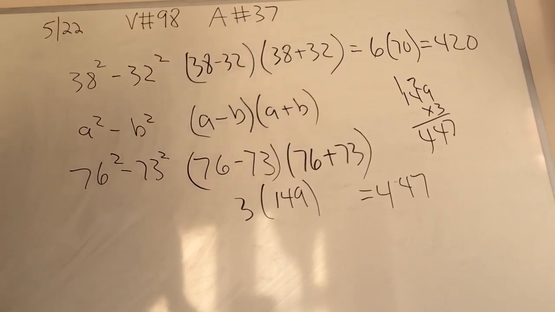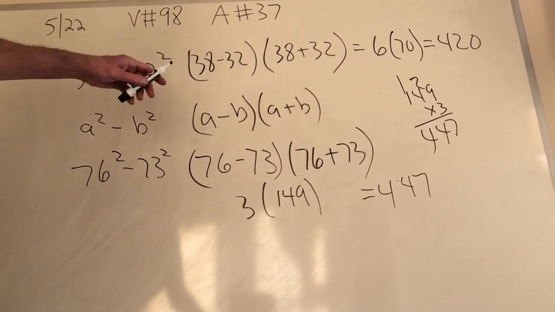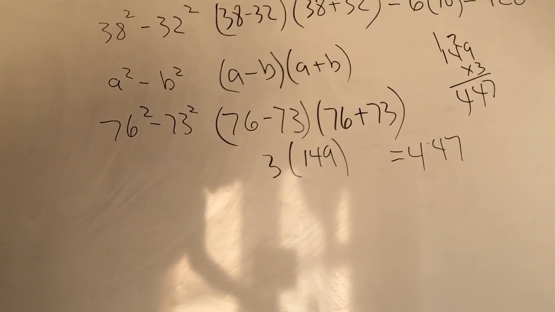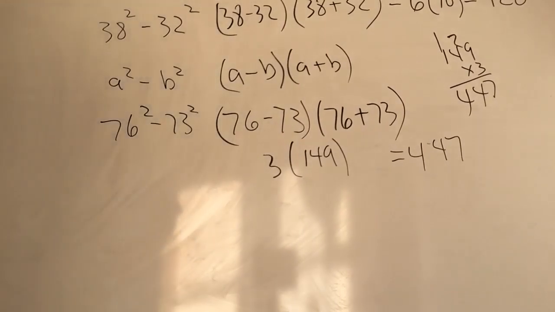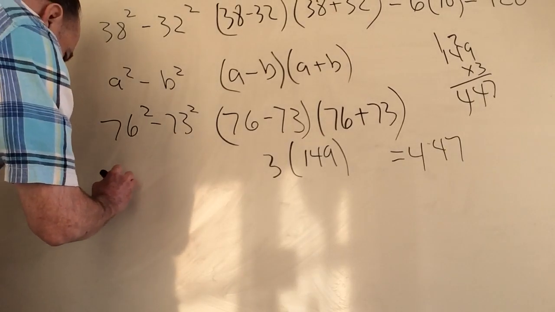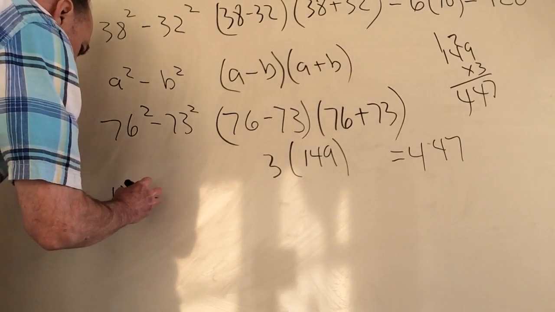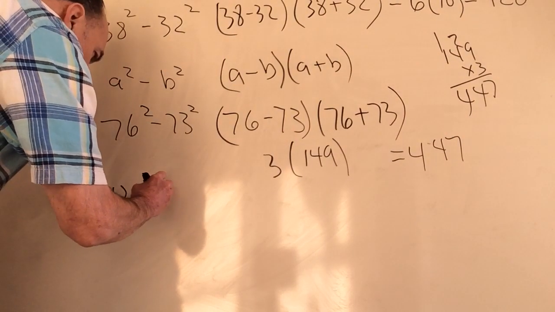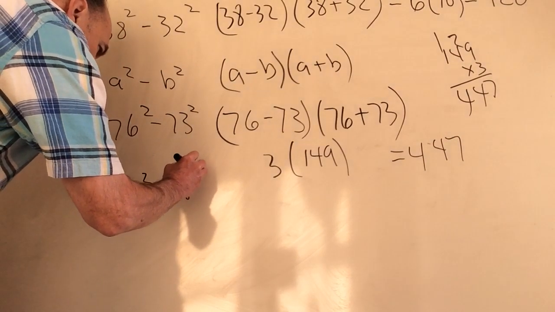Okay, we're coming up on 11 minutes, and again, I'll do the last one so everything was done. So you'd be expected to figure these things out now. Let's look at the last one here. Oh my God, 120 squared minus 118 squared.